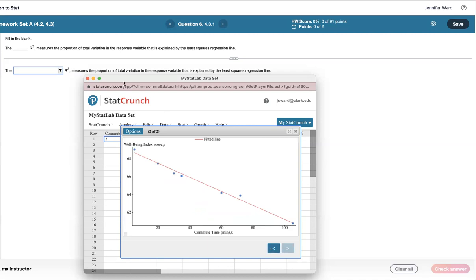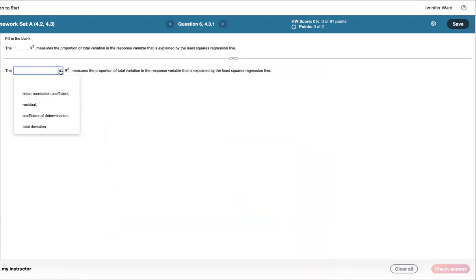So to recap, when we talk about R squared, the R squared measures the proportion of total variation in response variable, y, that is explained by the least squares regression line. So when we choose the option here, we are looking at the coefficient of determination.